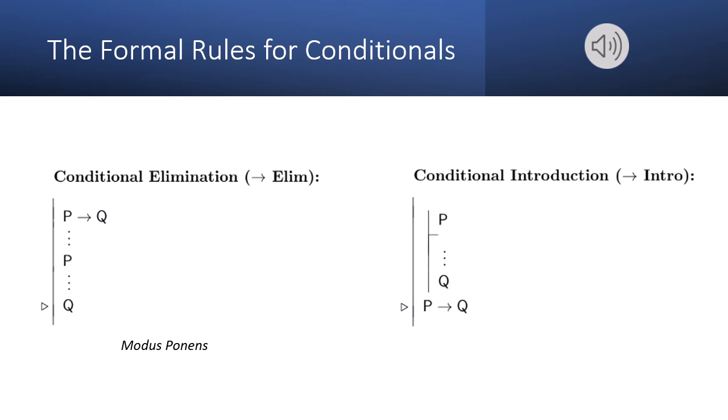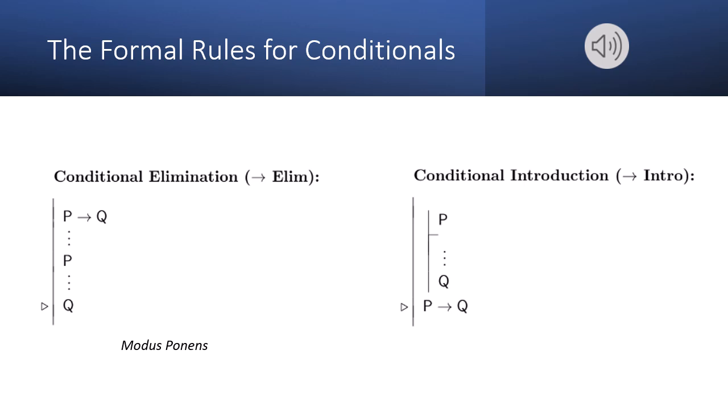But fortunately, they're among the most intuitive of the rules that we see, and they'll help us as we construct our formal proofs in the sense that it'll more easily allow us to mirror our informal reasoning about these formal proofs. Okay, so let's focus first on conditional elimination.